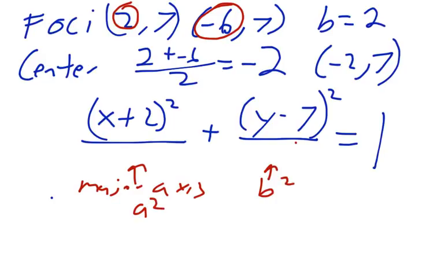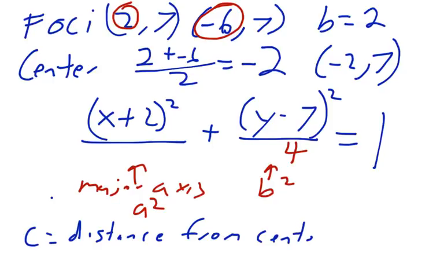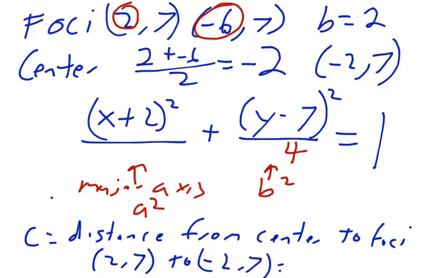So if b equals 2, we have an answer of 4 here. So c is equal to the distance from the center to the foci. So from 2, 7 to negative 2, 7 is 4.